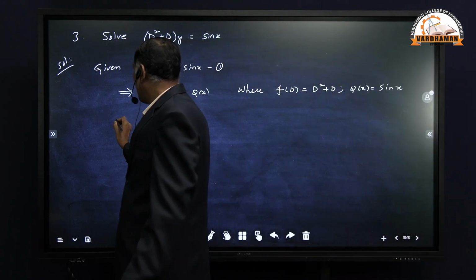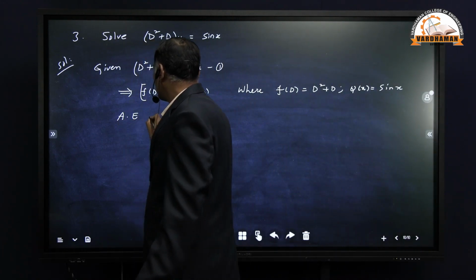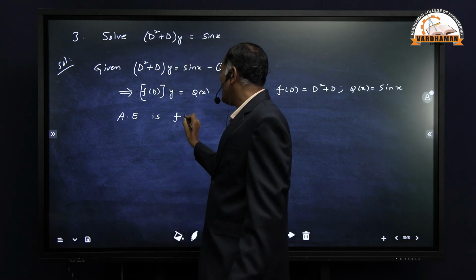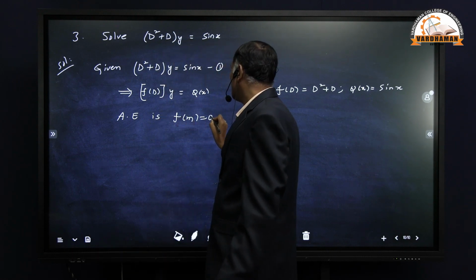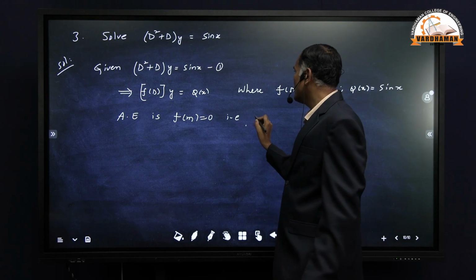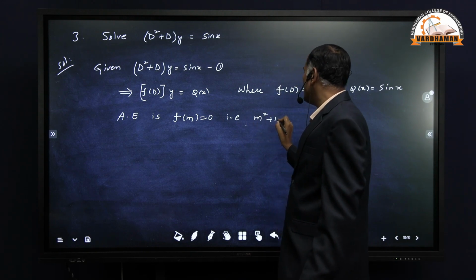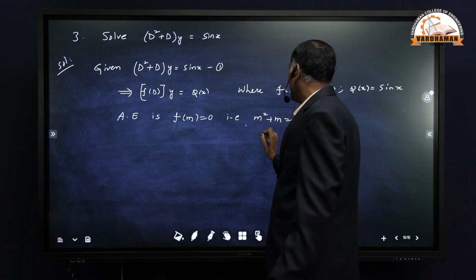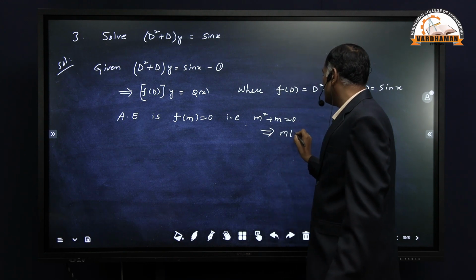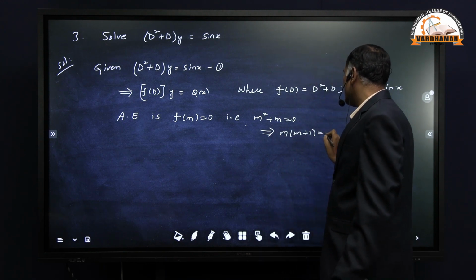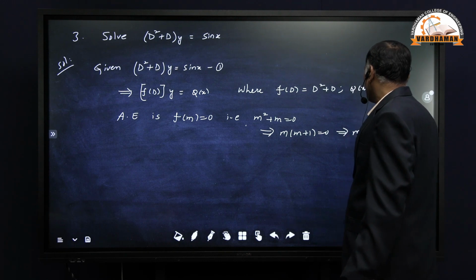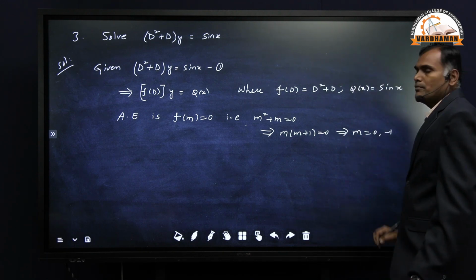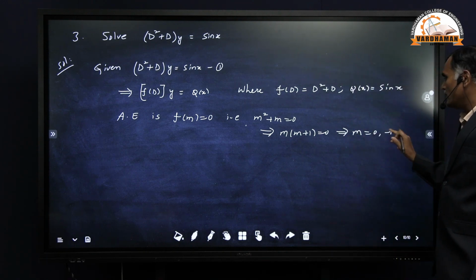Now let us write the auxiliary equation here. The auxiliary equation is f of m equals 0, that is nothing but m square plus m equals 0. If we simplify this one, we get the roots of this auxiliary equation as 0 and minus 1. Clearly these two roots are real and distinct.